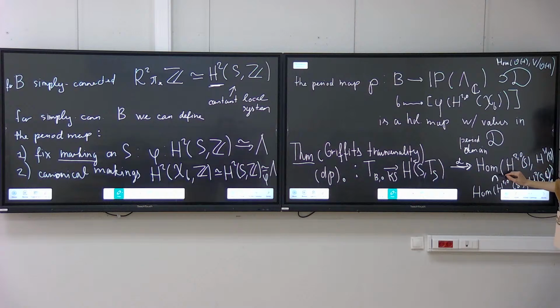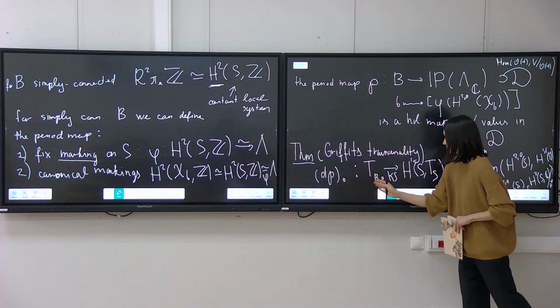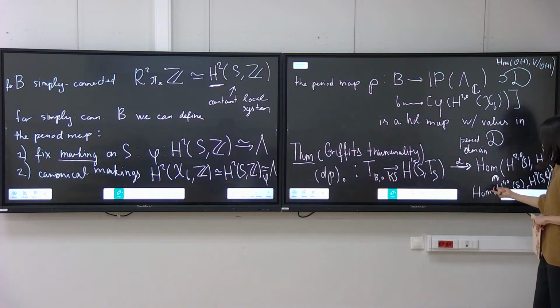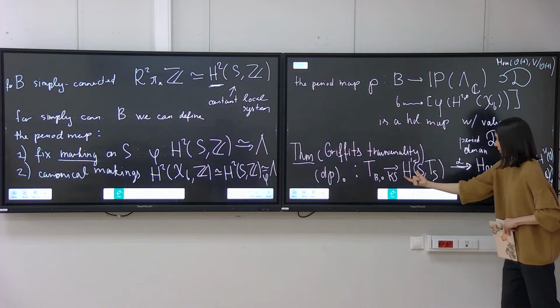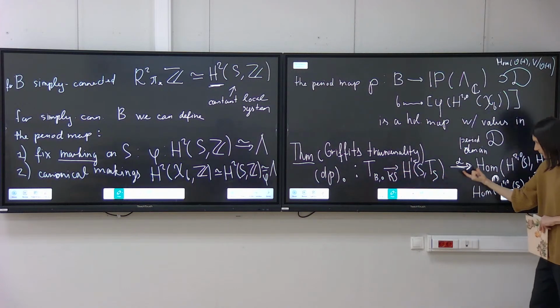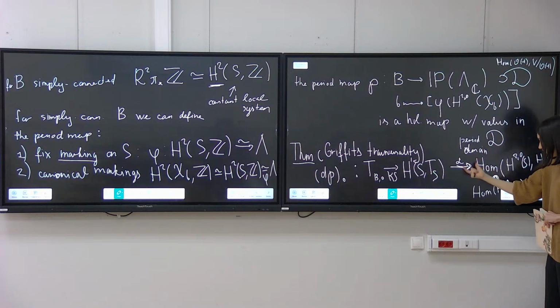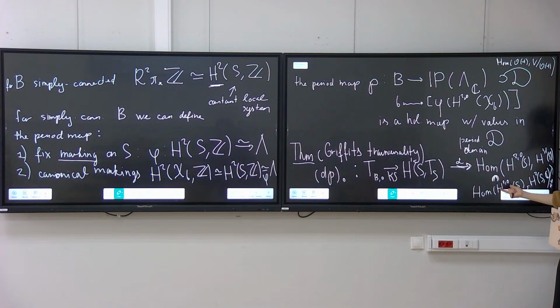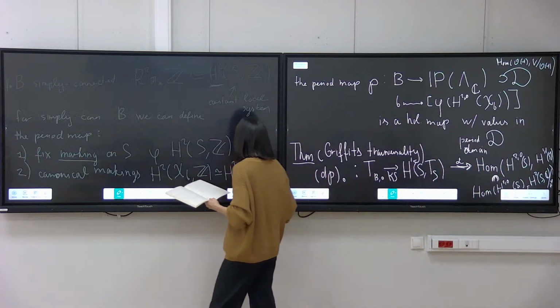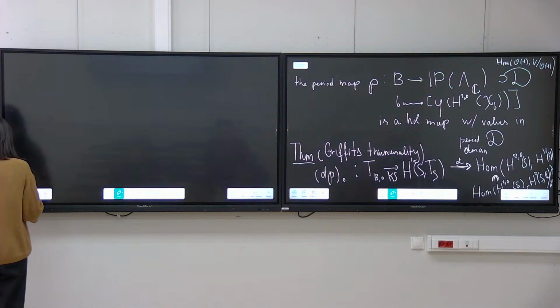And here we have an obvious embedding, okay? So Griffiths transversality is a statement about the differential that tells you that the differential of this period map is some composition of the Kodaira-Spencer map alpha, which I will explain in a minute, and an obvious embedding. Okay? So let me explain what is the corresponding alpha.